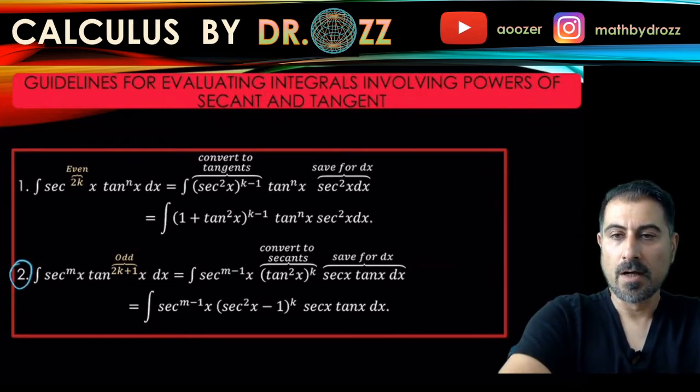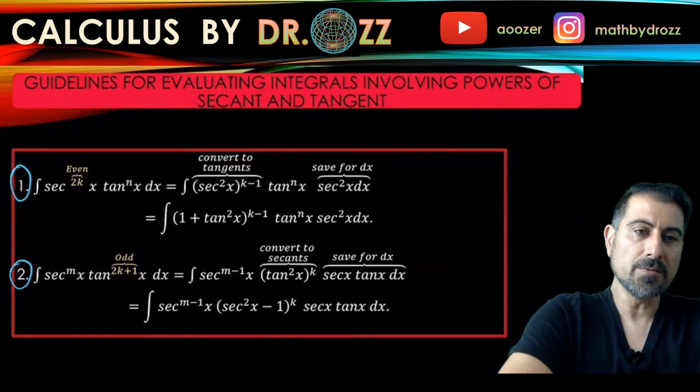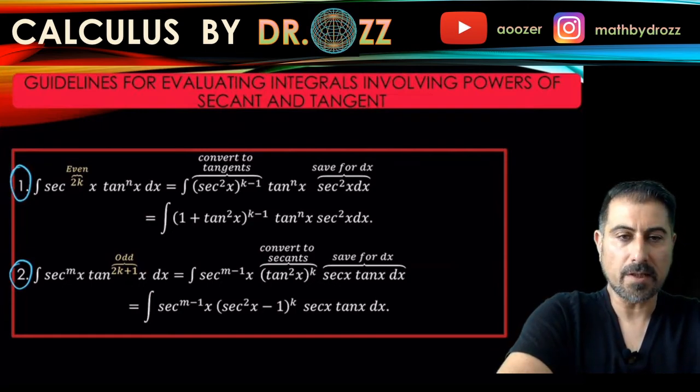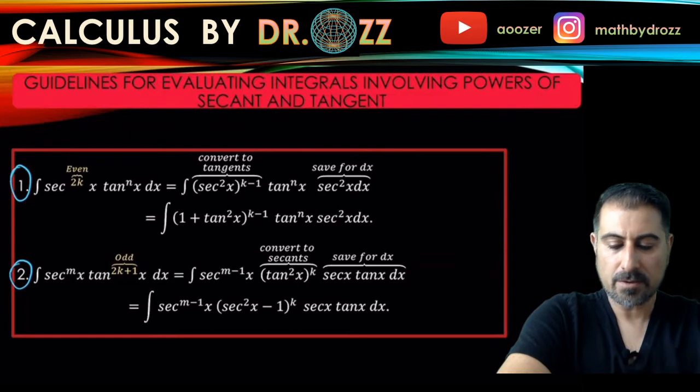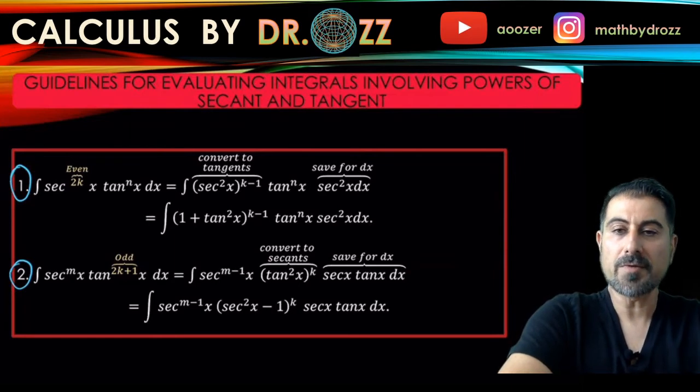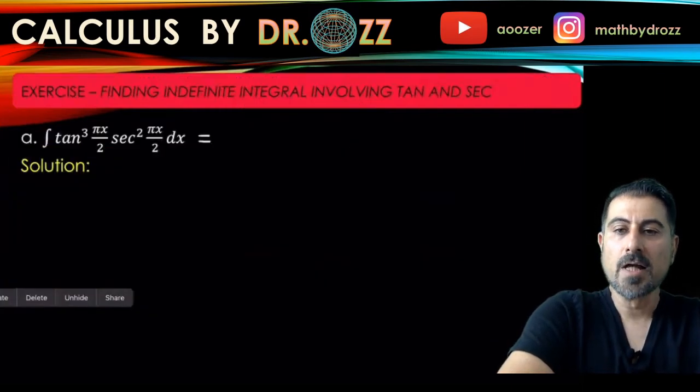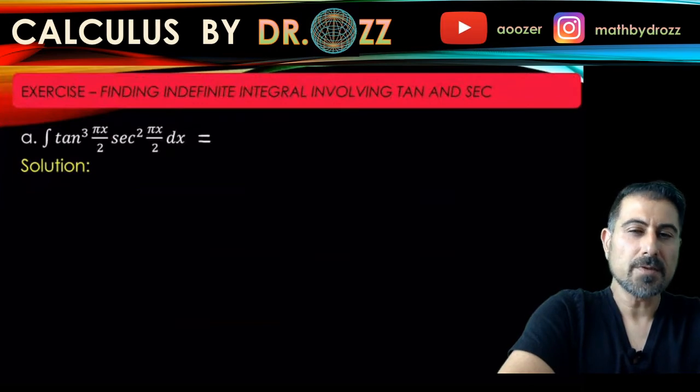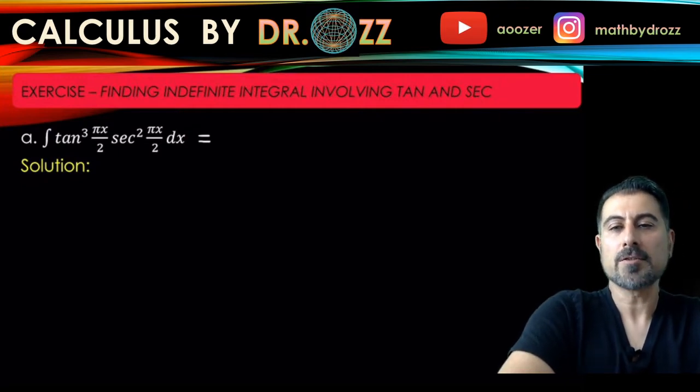But I feel like these two items are overkill, because if you go back to the question statement, I have tan cubed secant squared, and tan has the derivative secant squared. So if I call u to be tan pi x over 2, I can convert this integral into something very simple in one shot.